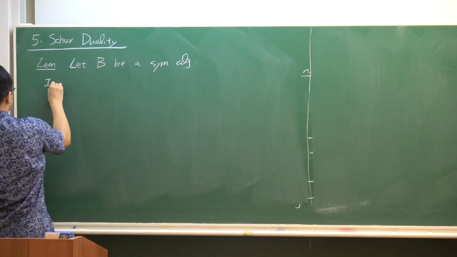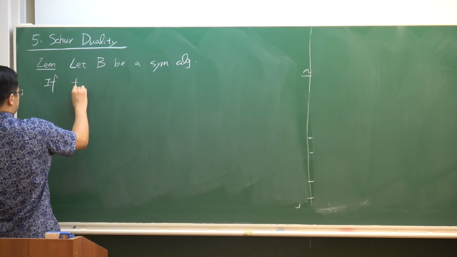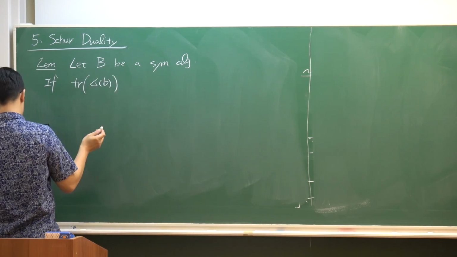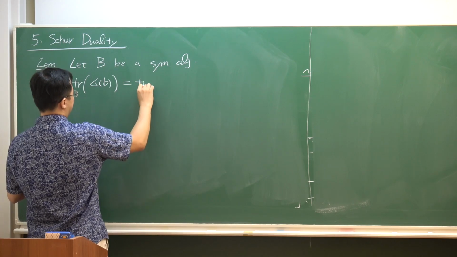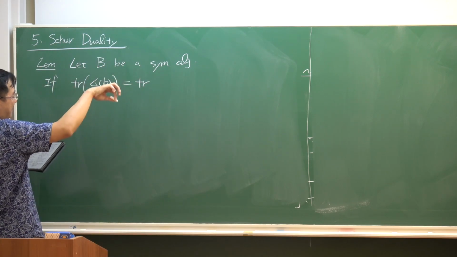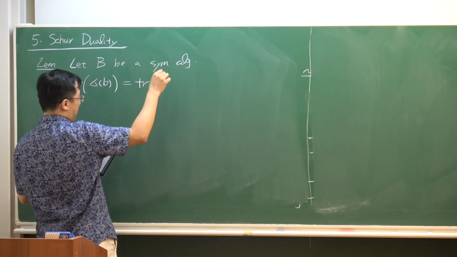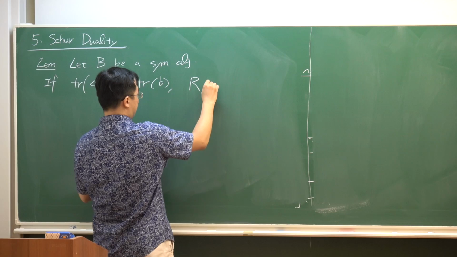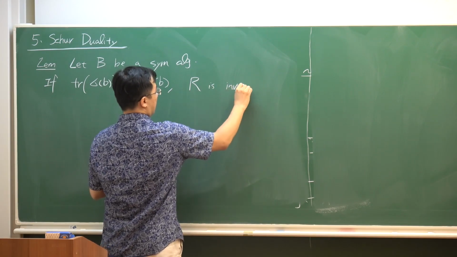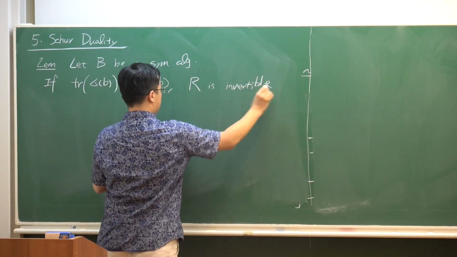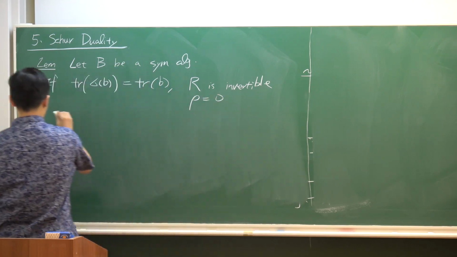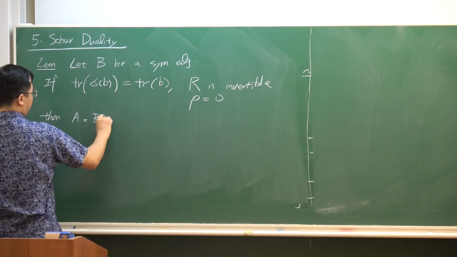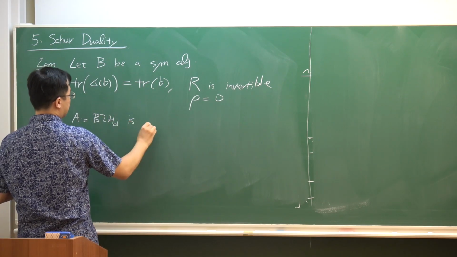And the condition we need is that the trace map preserves the sigma map. Sorry, the other way around: the sigma map preserves the trace map. And also we need that R is invertible. If rho is 0, then the quantum wreath product algebra is also symmetric.